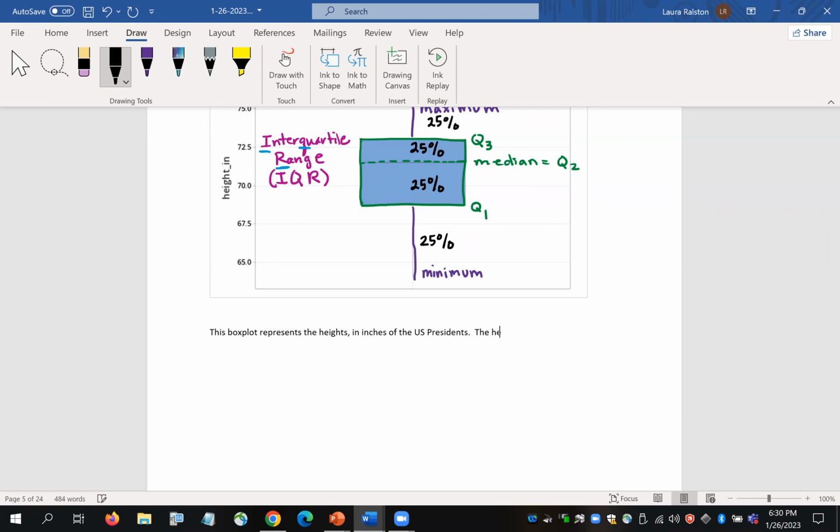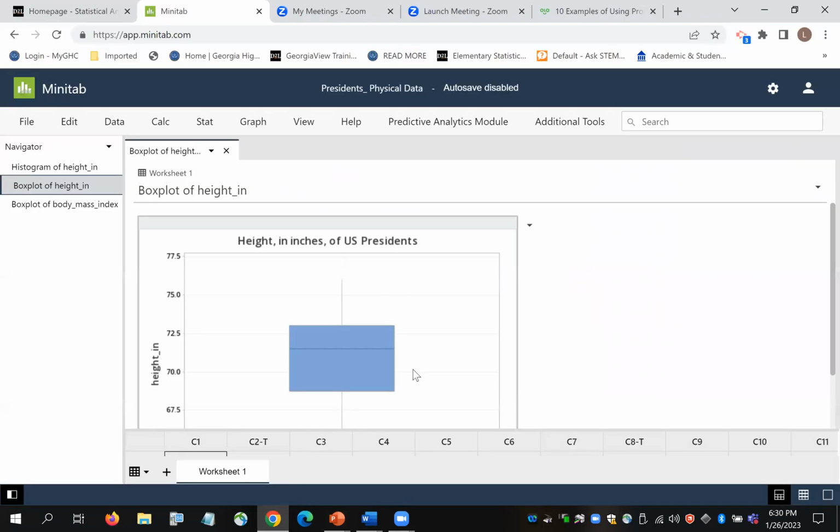The heights in inches range from, if I go back to my graph, it tells me that the whiskers, those long lines, go from 64 to 76.